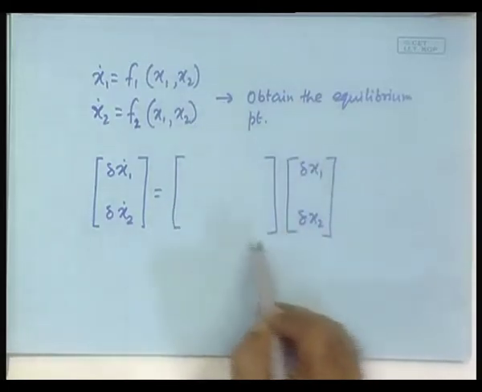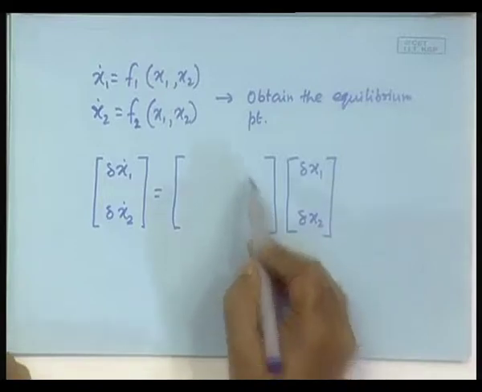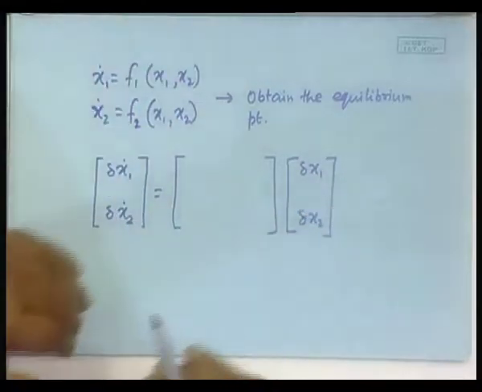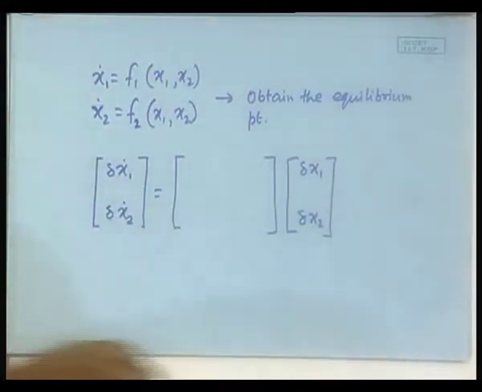Now, what is this? This has to tell how does f1 vary with x1, that is what we did.